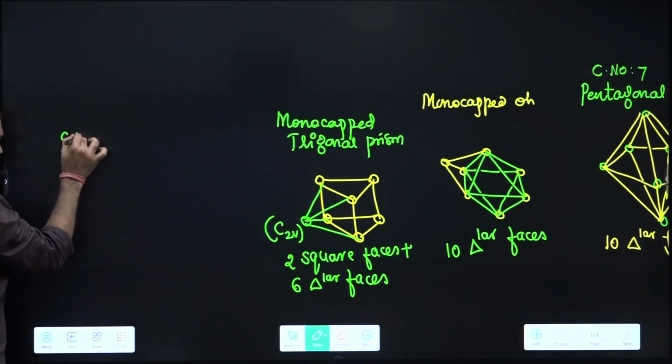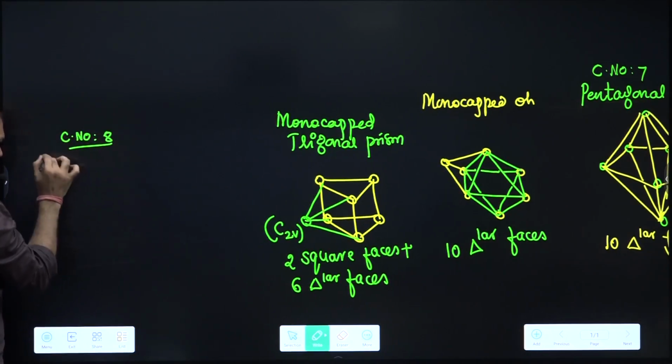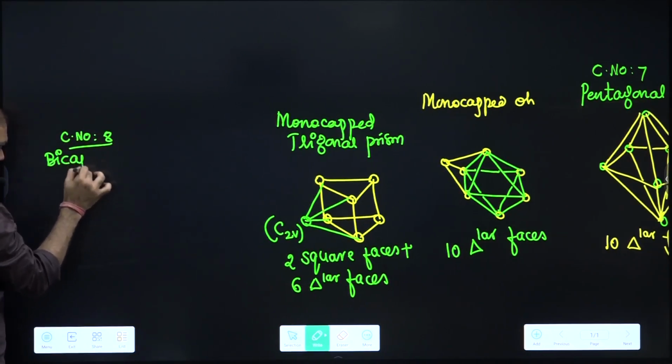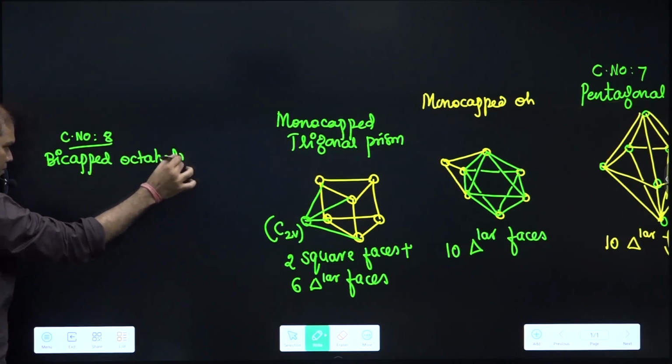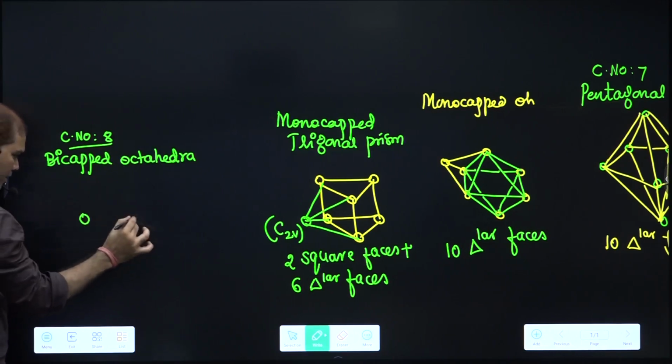Then let us move to coordination number 8. Bicapped octahedra.